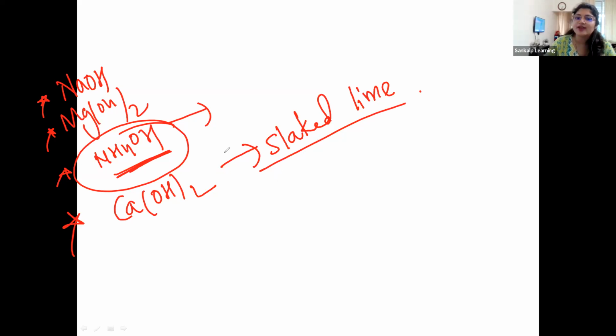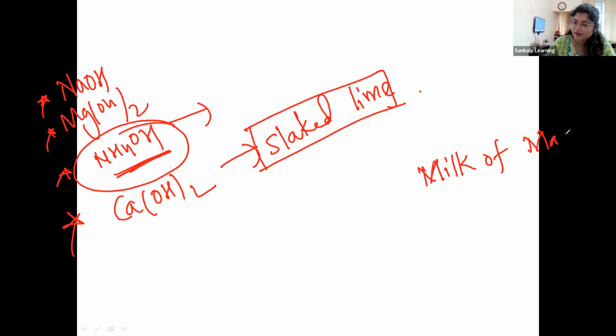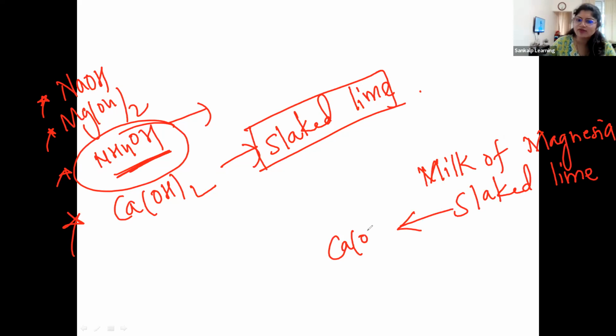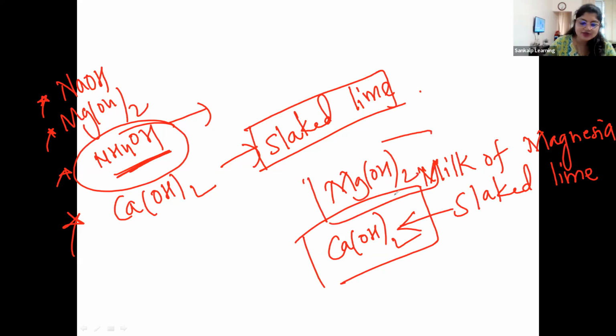Remember, milk of magnesia is magnesium hydroxide, and slaked lime is calcium hydroxide, not milk of calcium hydroxide. So calcium hydroxide is commonly called slaked lime.